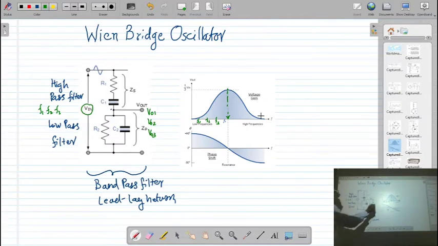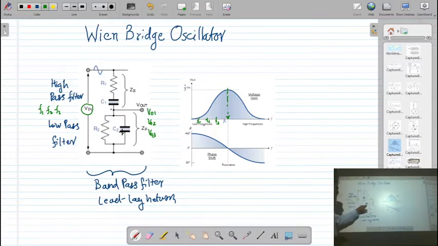So actually what is happening? When my frequency is low, the capacitor reactance is very high and it works as an open circuit, so it will not allow the signal, and therefore the voltage is less. Now as the frequency is increasing, the reactance goes on decreasing, so the output voltage goes on increasing. At a higher frequency, the capacitor reactance keeps decreasing, and we are taking the output voltage across the capacitor.